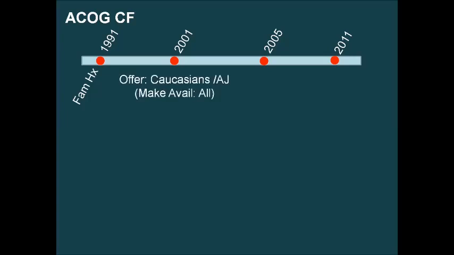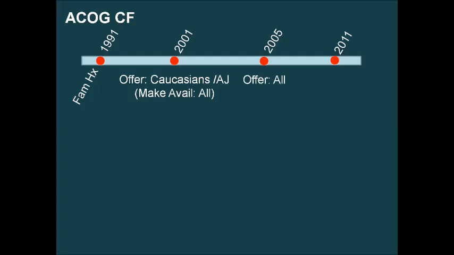In 2001, the same professional organization commented that Caucasians and Ashkenazi Jews should be offered the opportunity for carrier screening for cystic fibrosis, and it should be made available, meaning that a pamphlet should be provided, to patients of other racial and ethnic groups.